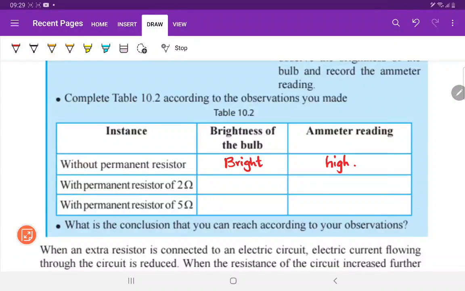Here, if you connect a fixed resistor, the bulb is less bright and the ammeter reading is low.